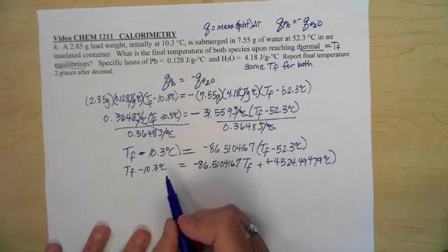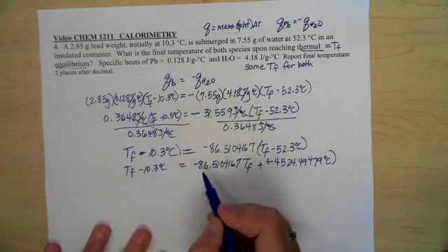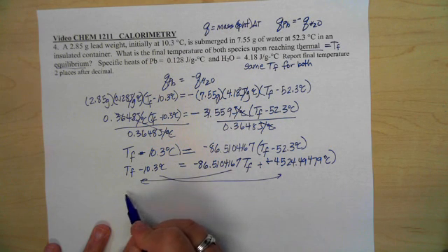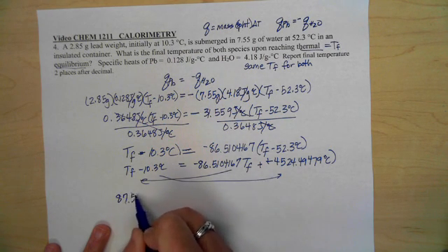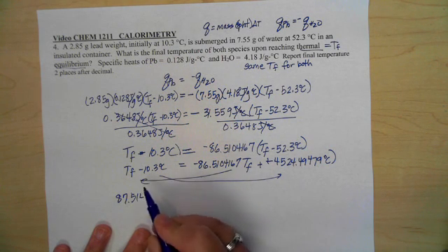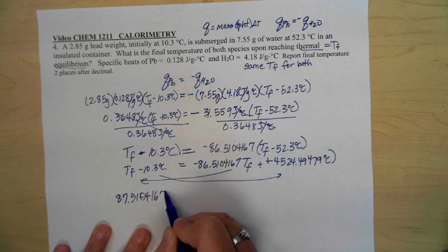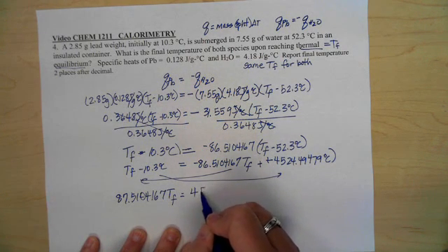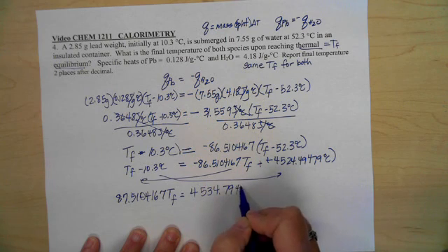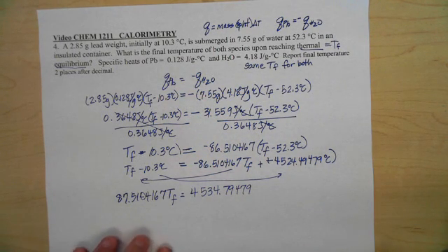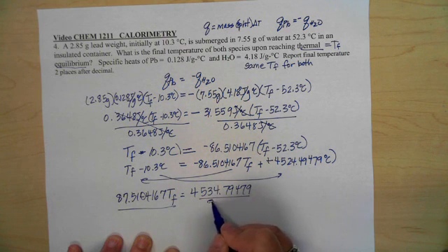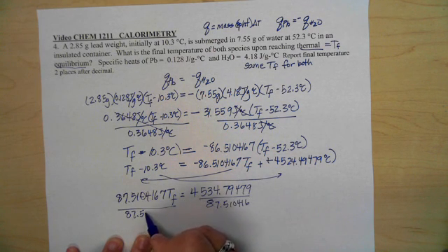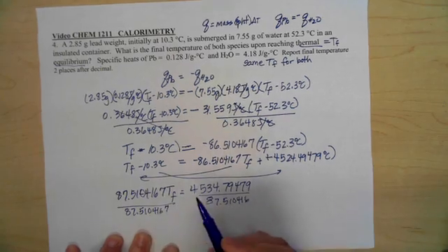So what I want to do is move all my TFs to one side. So what I'm going to do is move this one over here and this one over here, which gives me 87.5104167 TF is equal to 4534.79479, and then divide both sides by 87.5104167.